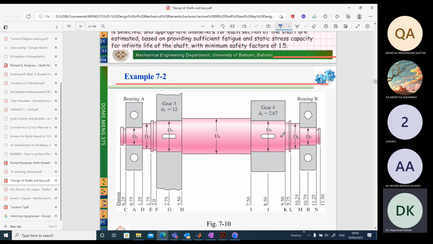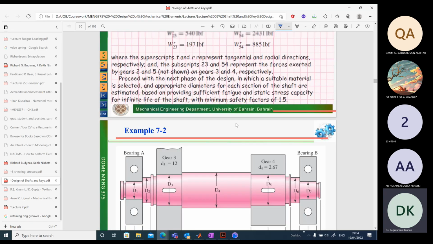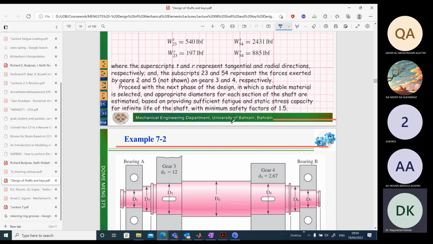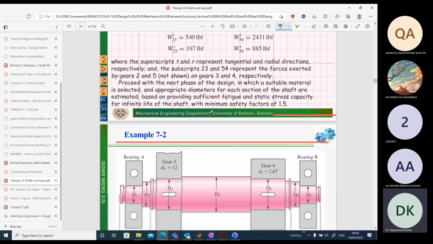There are two key seats. You can see this will lead to stress concentration effects. The gears are there, and let's see how to figure out what the diameters should be.